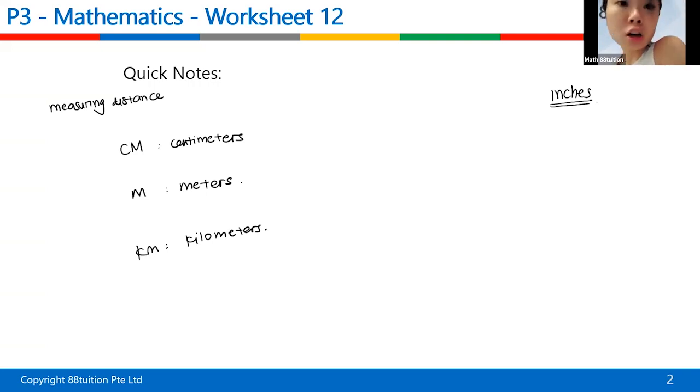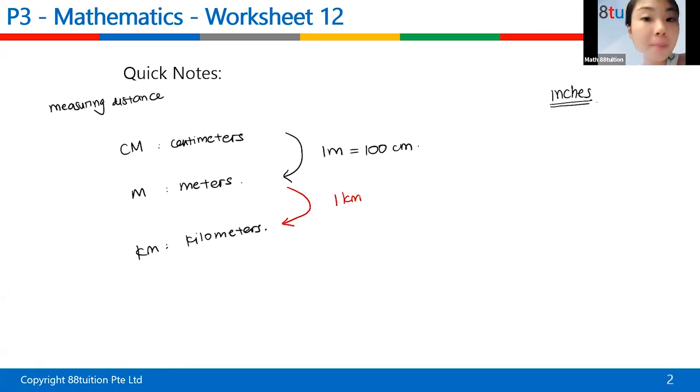So what is the conversion like? For centimeters to meters, take note, 1 meter is 100 cm. And for meters to kilometers, 1 km is 1,000 meters.